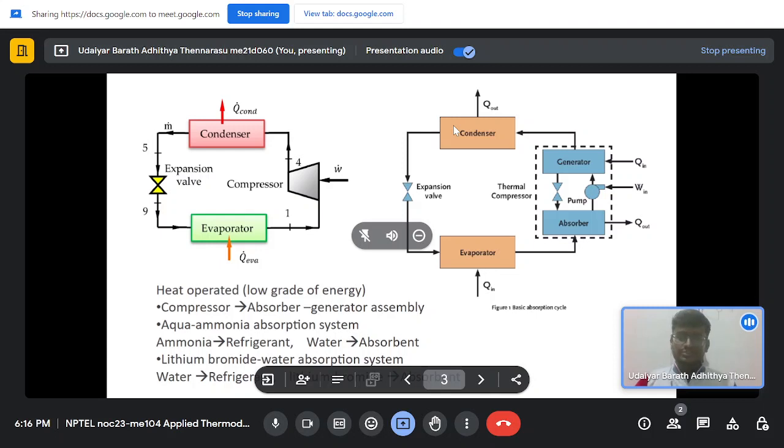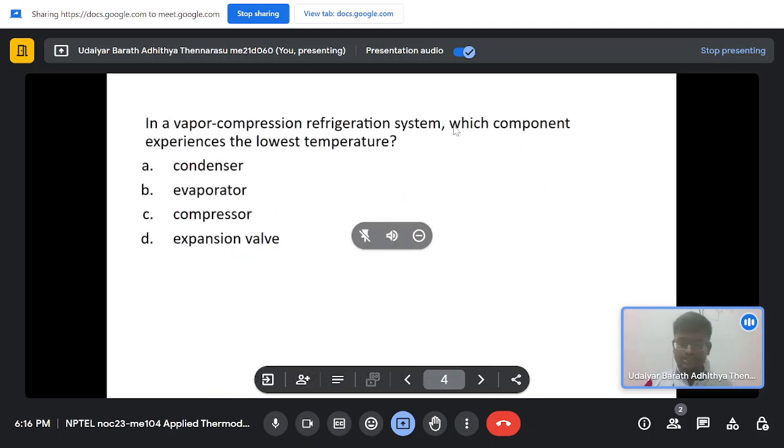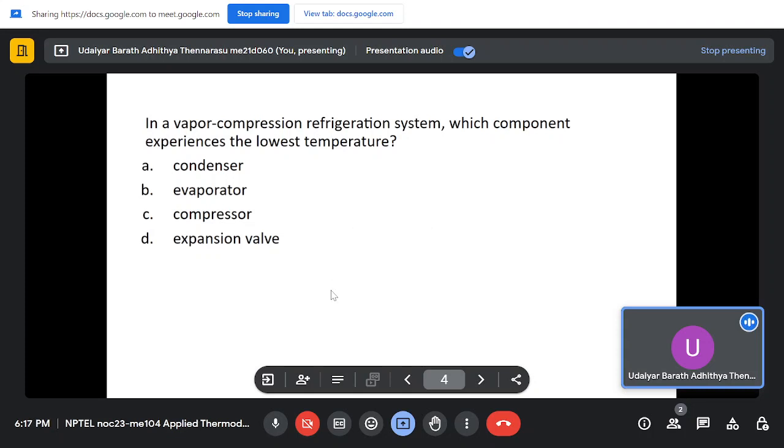We'll see some numericals on how to solve VCRS and VRS. We'll start with some MCQs. Starting with: in a vapor compression refrigeration system, which component experiences the lowest temperature? The lowest temperature is experienced by the evaporator, because the exit of the valve is where the lowest temperature is.